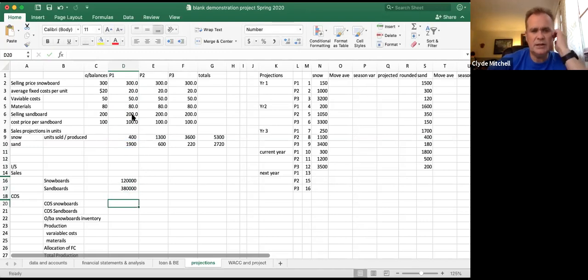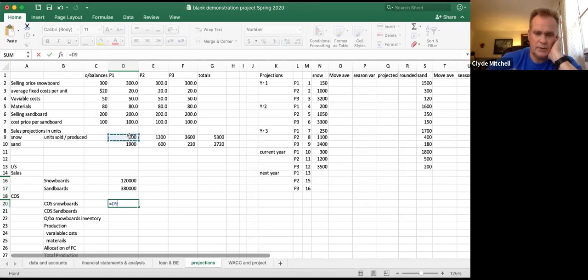Okay, now initially we're not going to worry about the cost of goods sold, so we're just going to focus on the cost of goods sold in total. We're not going to try to break it down into materials and variable costs. So I just need to know my units, which is the 400, and my cost of goods sold for snowboards. It's not given here, so we're going to have to add them all up.